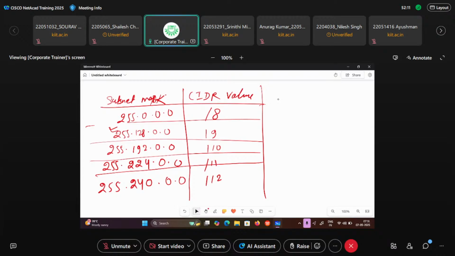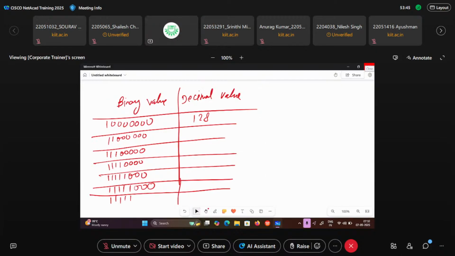Okay, it's 5, 8. If we use 6 times now, I have to write 1. 7 times 1 now. And the last one is 8 times 1. Right? And now just convert it into the decimal values, all of you.